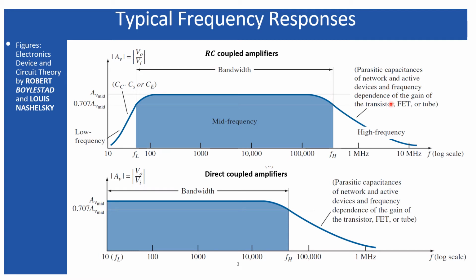But other than these two, the major role in defining this cutoff frequency is the frequency dependency of the forward current gain, which is HFE. That I'm going to discuss. So for both the RC coupled and the direct coupled amplifier, these three factors, that means the parasitic capacitors, the network capacitors, and the frequency dependency of the forward current gain, are going to define the higher cutoff frequency, whereas the lower cutoff frequency is defined due to these external capacitors.